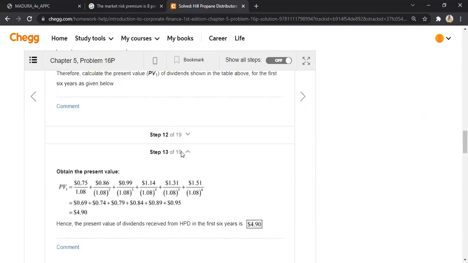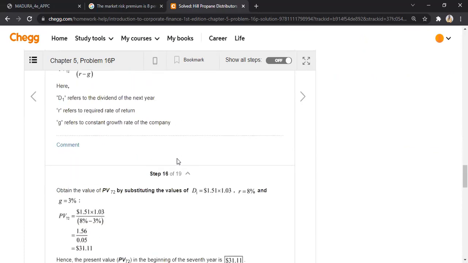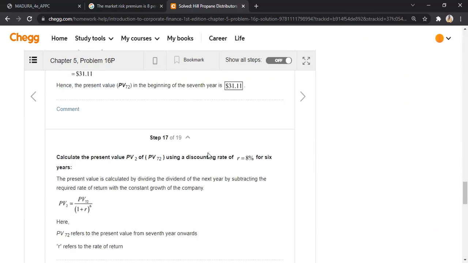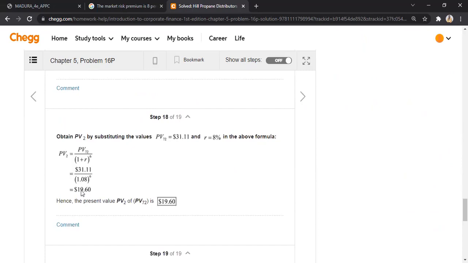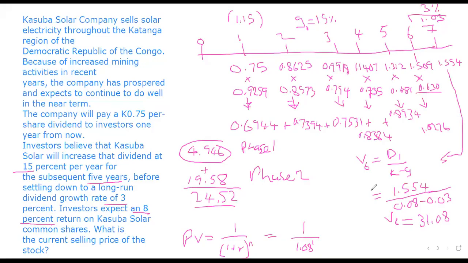So find the value of stock for phase 1, which was 4.9. Then you find the value for the second phase, and add these two after discounting it. It gets 19.60 as of year 6. Then you add these two, you get 24.50. Now let me emphasize that everything has to be hinging on time value of money. So you cannot project this if you don't understand the concept of time value of money. I'll send the solution on the group.